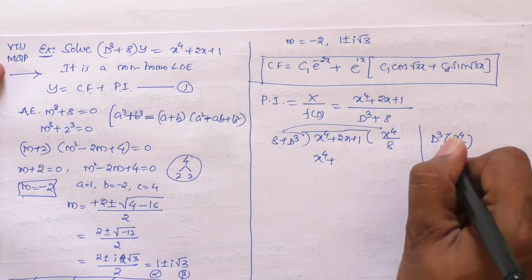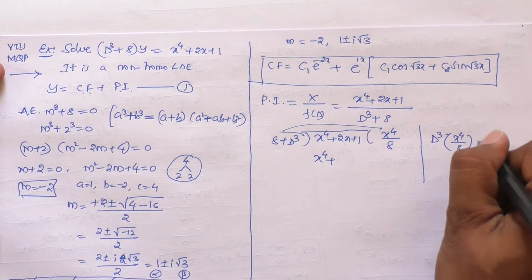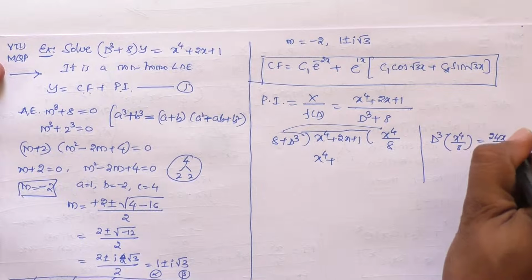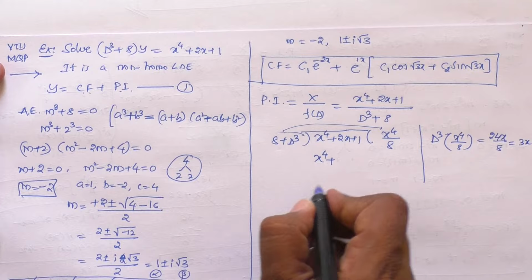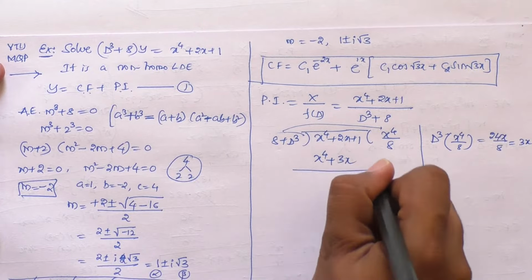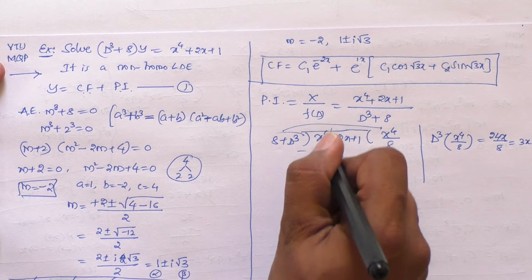Differentiate once, 4x cube, another time it will be 12x square, then the third time 24x by 8, which will be 3x. So now 3x, let us subtract this one. x raised to 4 cancels.